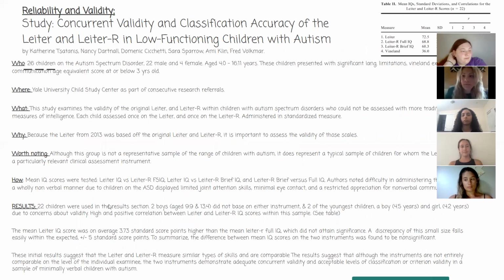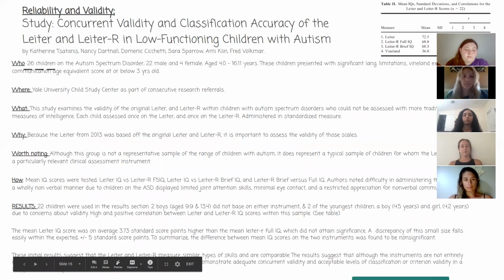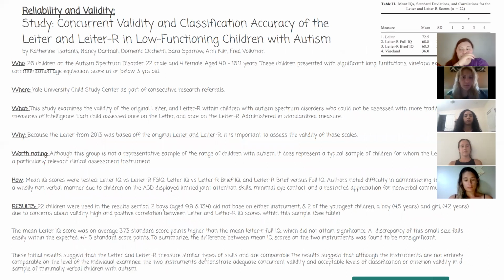So on to the reliability and validity of the Leiter-3. What this study looked at was the original Leiter, the Leiter-R, and low functioning children with autism. So why are we looking at this one and not the Leiter-3?